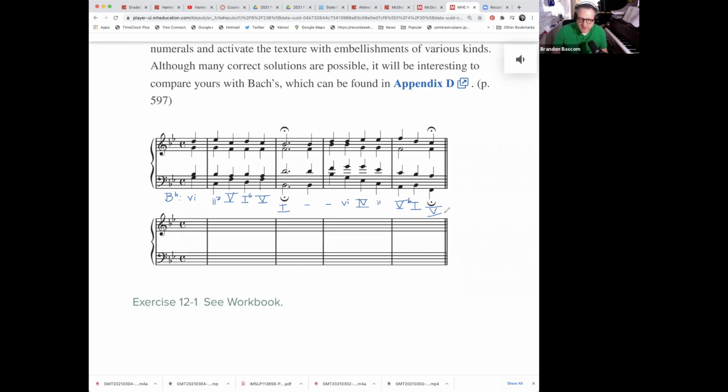So pretty stuff in there, right? Non-chord tones can really make stuff pretty, spice it up. So that's what we're after. Can we hop over with the last 14 minutes of class, start looking at the workbook?